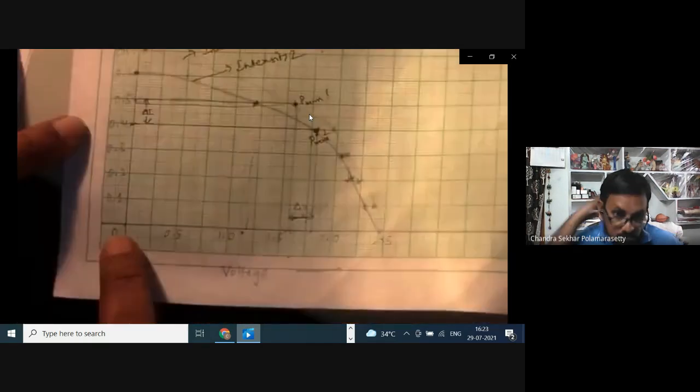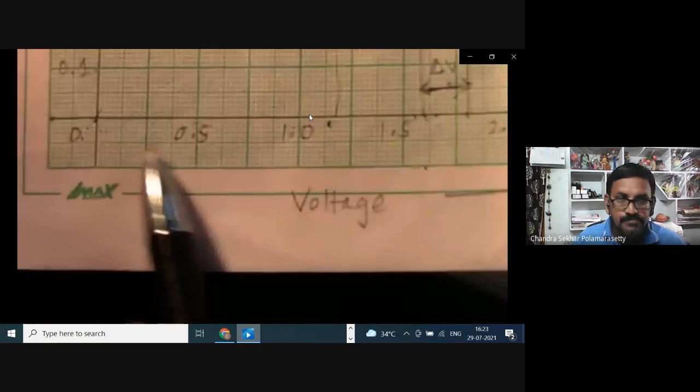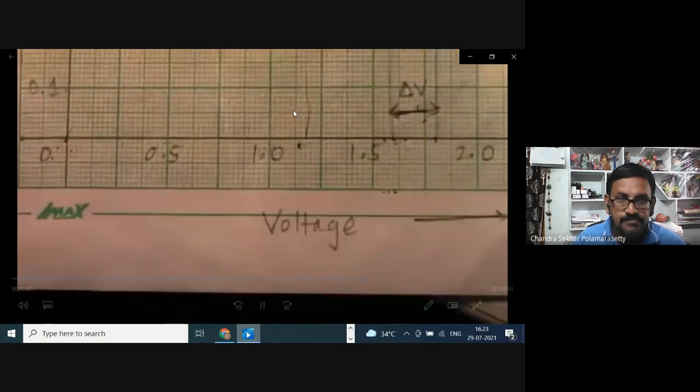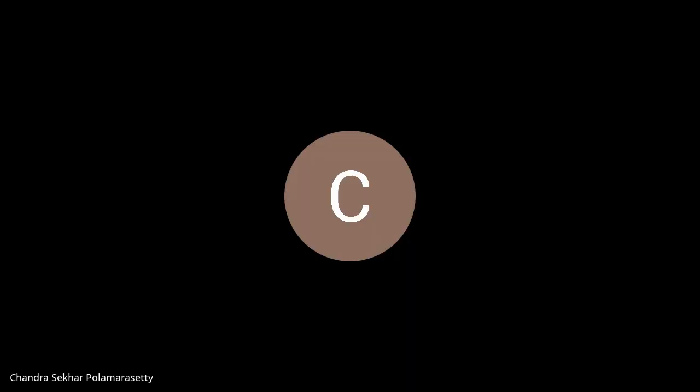So it is constant. Next, increase the resistance, and I got 1 volt, and the corresponding current is 6.5 milliamperes.